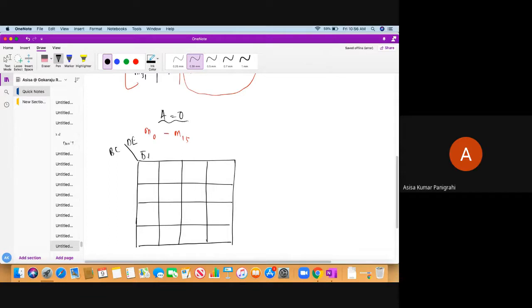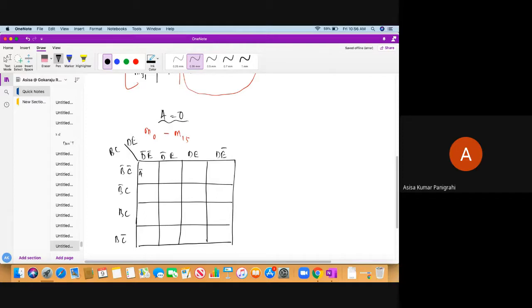So this is D bar E bar, D bar E, D E, D E bar, B bar C bar, B bar C, B C, B C bar. Okay, now tell me, this is my A equals 0. Now everywhere A is 0. In all these 16 minterms, A is 0. A is 0 means how can you express it here?